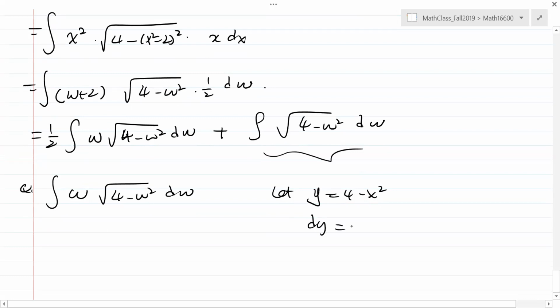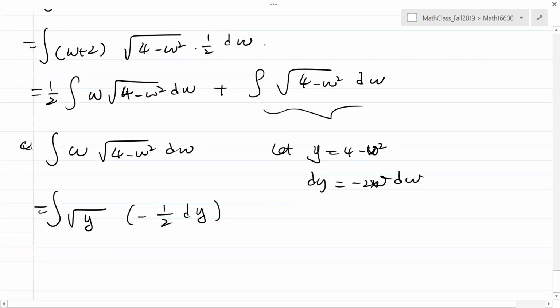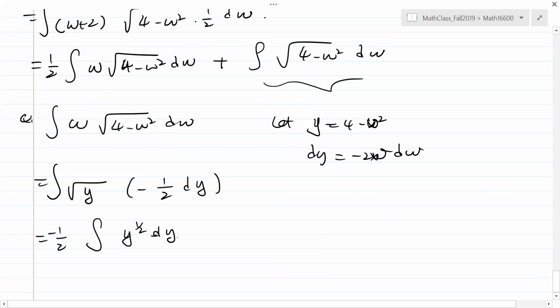Then dy equals negative 2w dw. So the integral becomes the square root of y, where w dw is going to be negative 1/2 dy. That's just a one step problem, right? And here is y to the 1/2 dy.